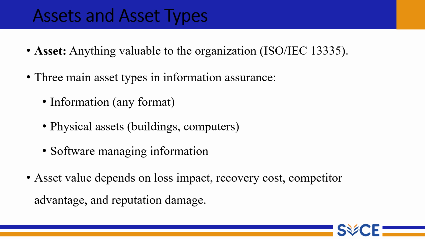Information asset is your Aadhaar data or customer details. Physical assets stand for your college server room or lab computers. The next one is software asset, which is the ERP system that stores student attendance. An asset's value depends on loss impact, recovery cost, competitor advantage, and reputational damage.